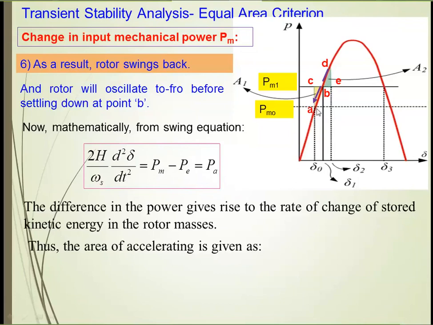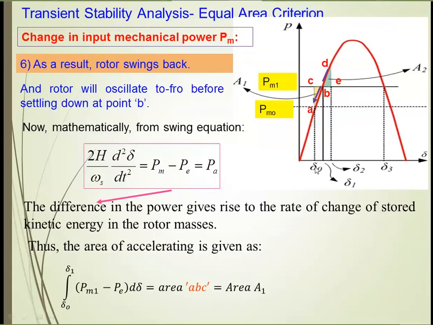And from this point, we can say the area of acceleration, that means the accelerating area, this is the difference in the power, and the accelerating area if we write in this way. So we have the change in the point from A to B, right?